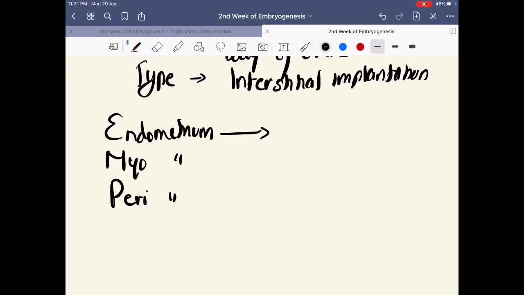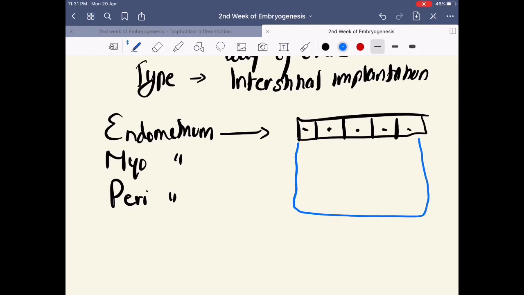In the endometrium, you have a lining epithelial layer, and beneath that you have the stroma. The stroma has the stromal glands, the uterine glands, which are opening out like this.